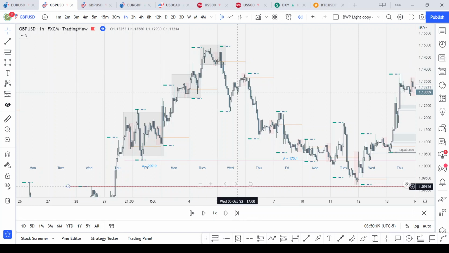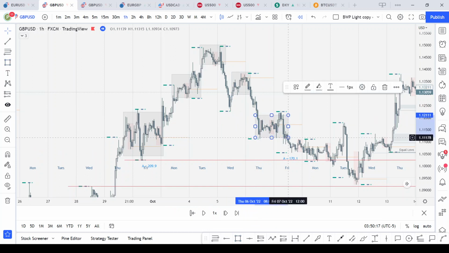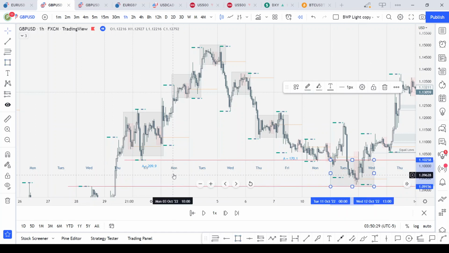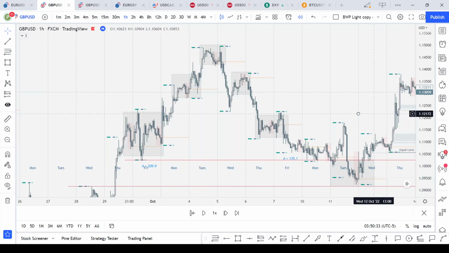So this is the low risk sell or accumulation, then reaccumulation, and then distribution. It's usually aggressive distribution at that fair value gap where you were looking to go long initially.